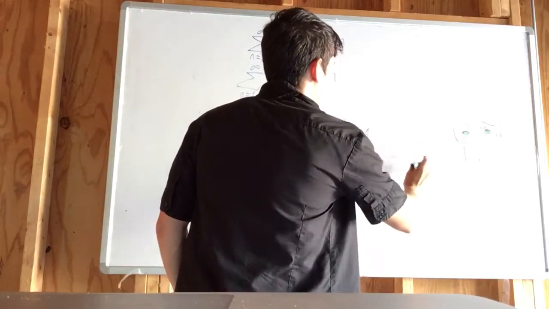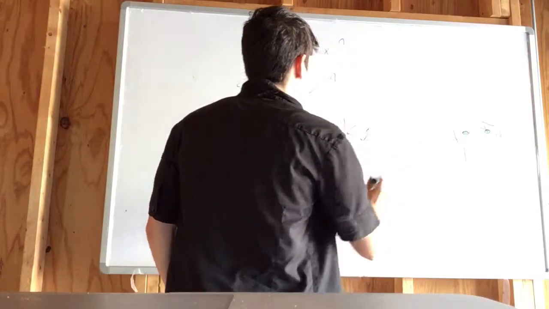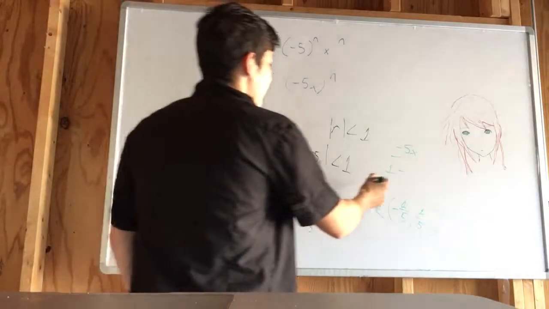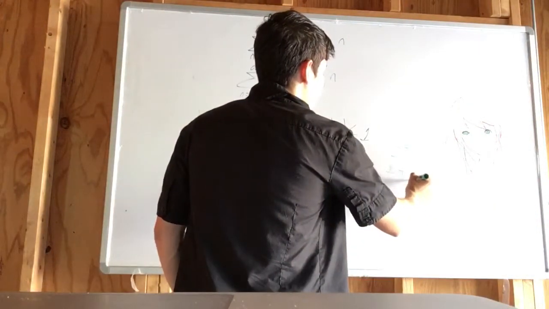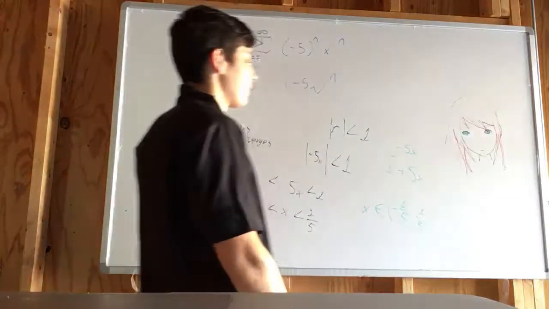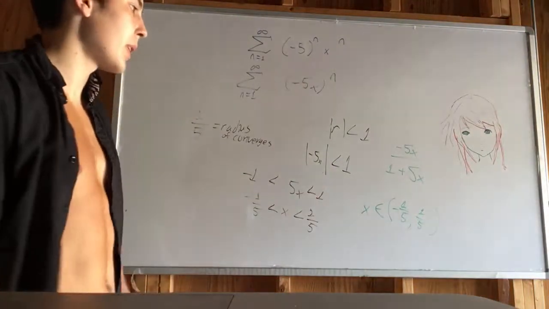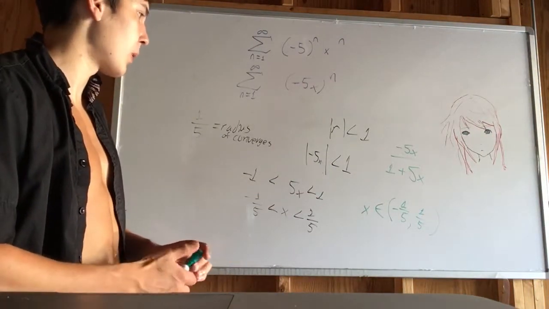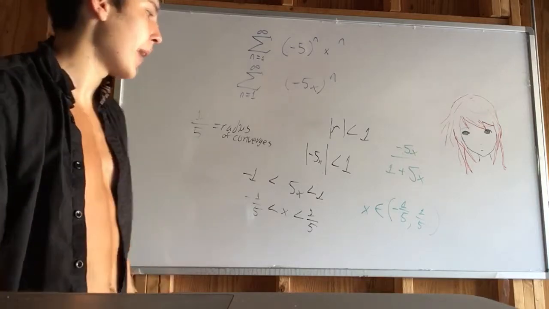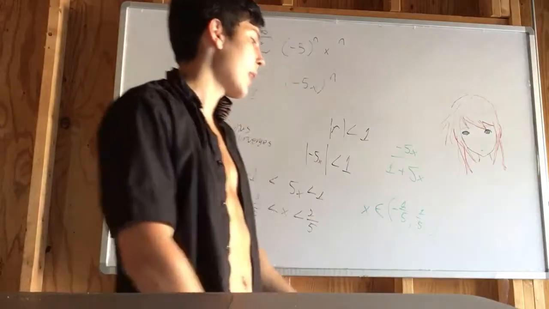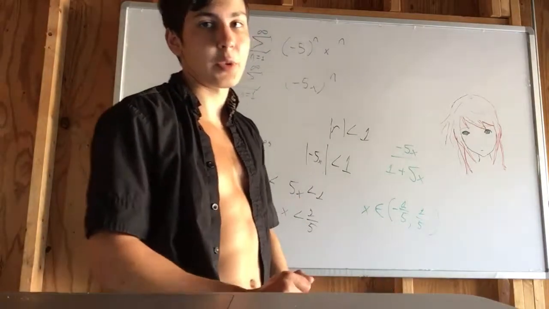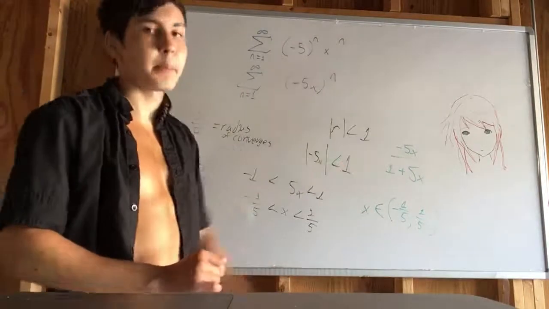Negative 5x. And r, we know, is also negative 5x. So that would give us plus 5x. And so that would be how we would get our sum. And we could plug any of these values in between there, and all of those would converge to a sum of that form.